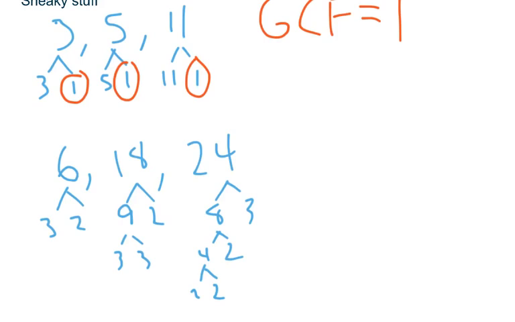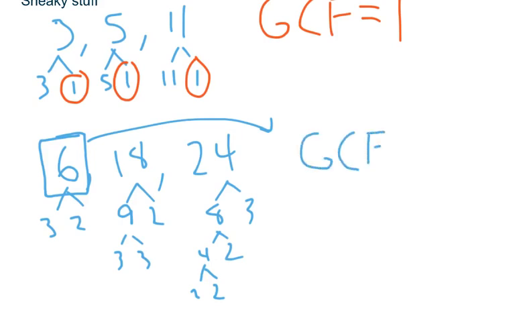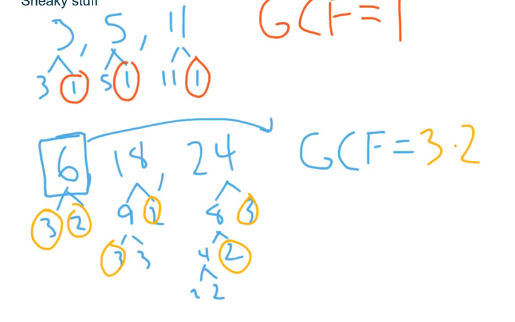It's possible for one of these numbers to actually be the GCF itself. If we look at what we have in common, they all share a 3, and they all share at least one 2. So the GCF could be one of the numbers itself, which is 6. So again, that's kind of sneaky.